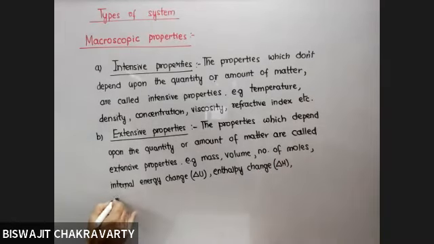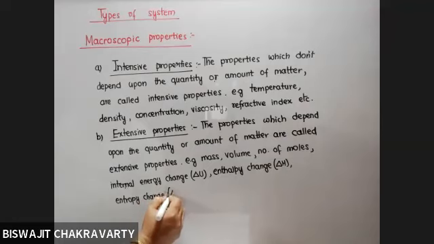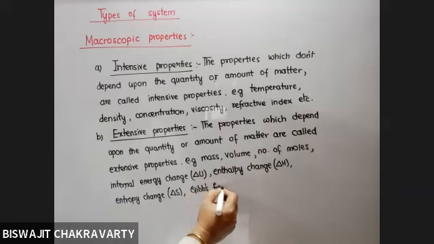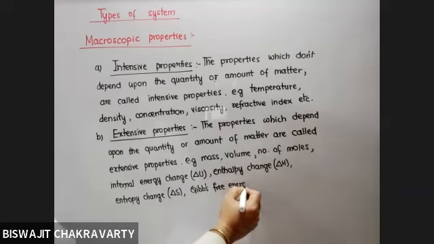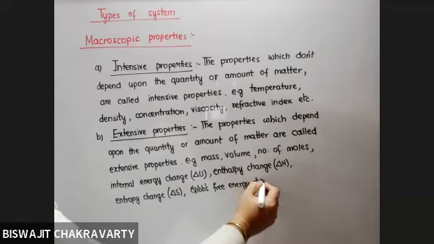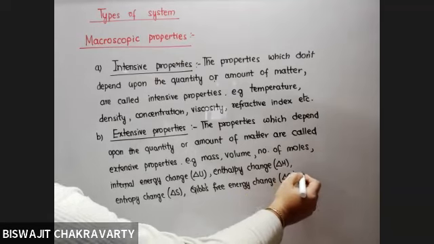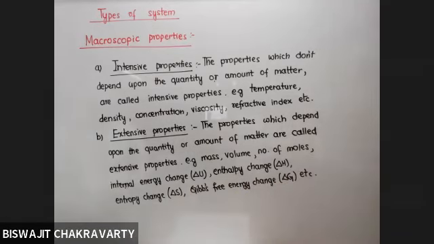Entropy change, delta S. Gibbs free energy change. All these are the terms that we are going to discuss as we proceed. But for the time being, remember that all these thermodynamic functions are referred to as extensive properties.